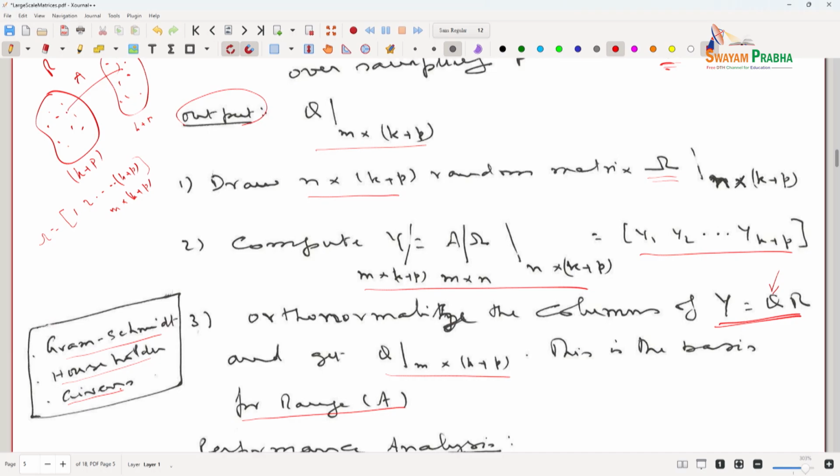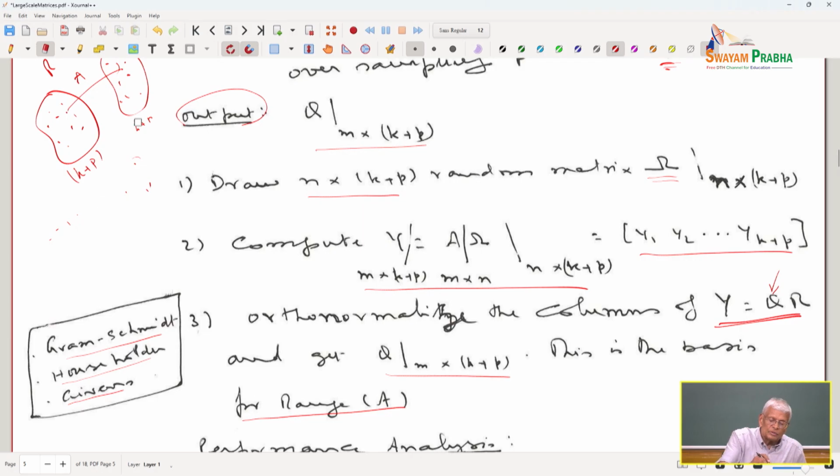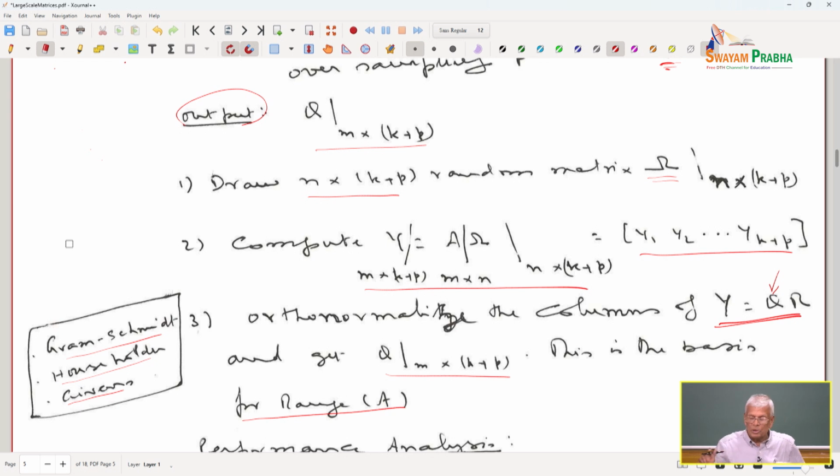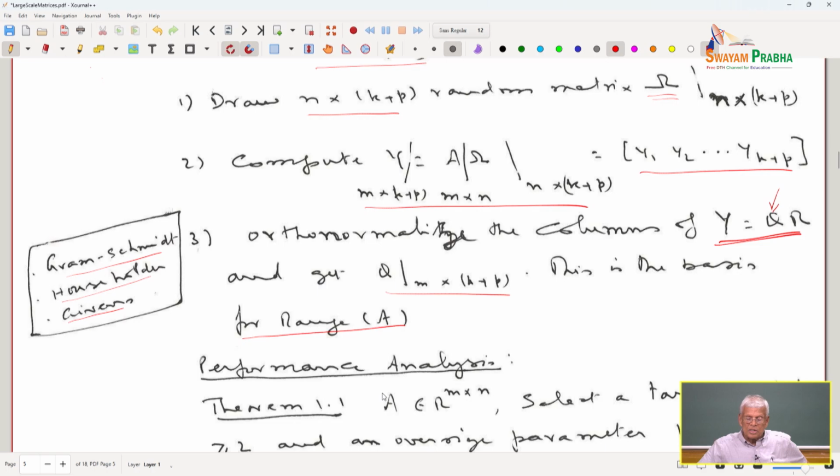So, we have now talked about the implementation of stage 1. I hope you are all with me now. The randomization comes from sampling. You remember, sampling based ideas are one way to implement randomization.